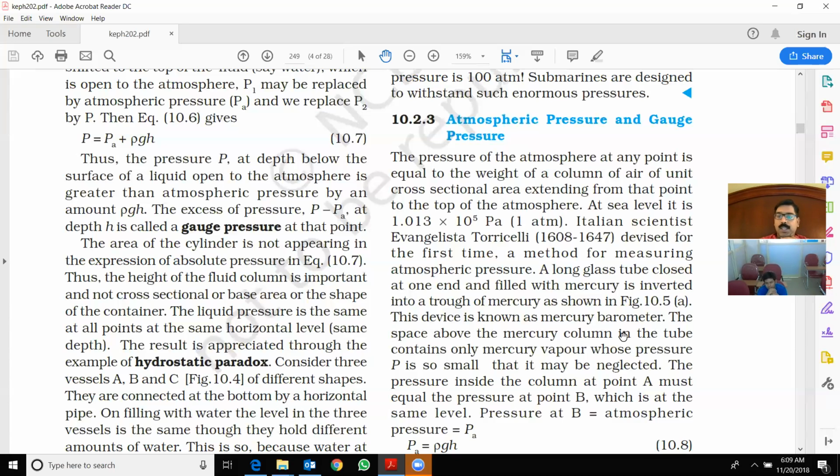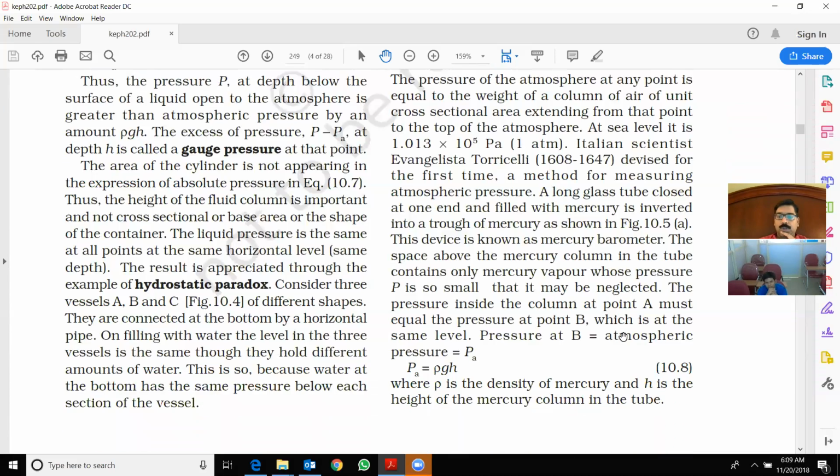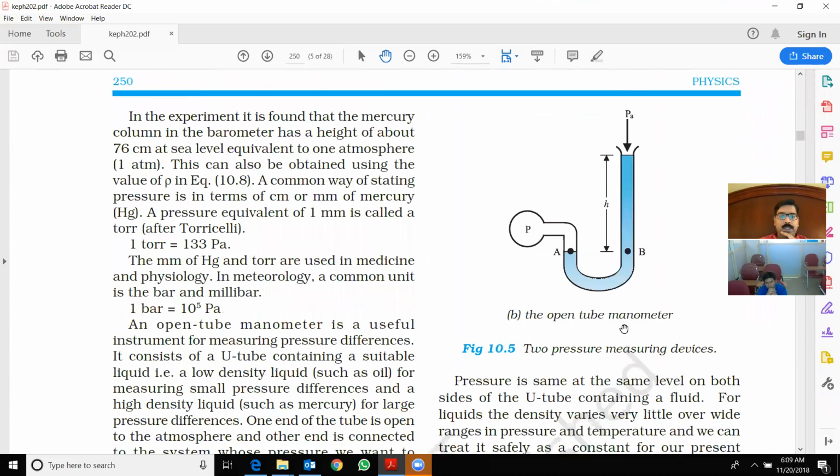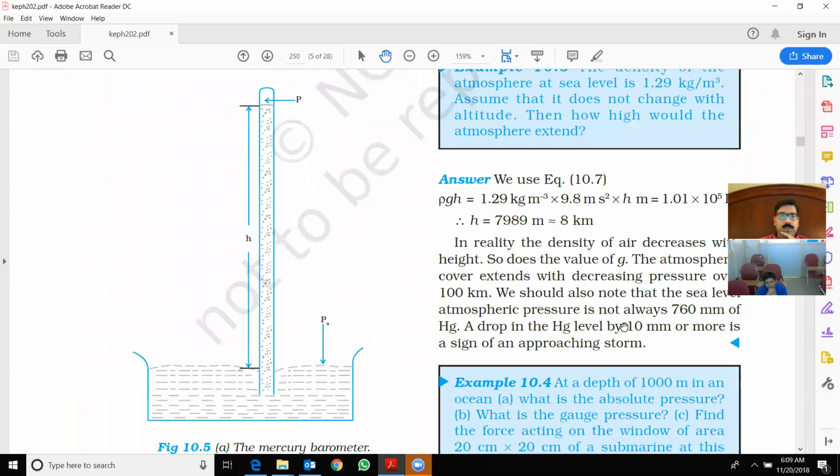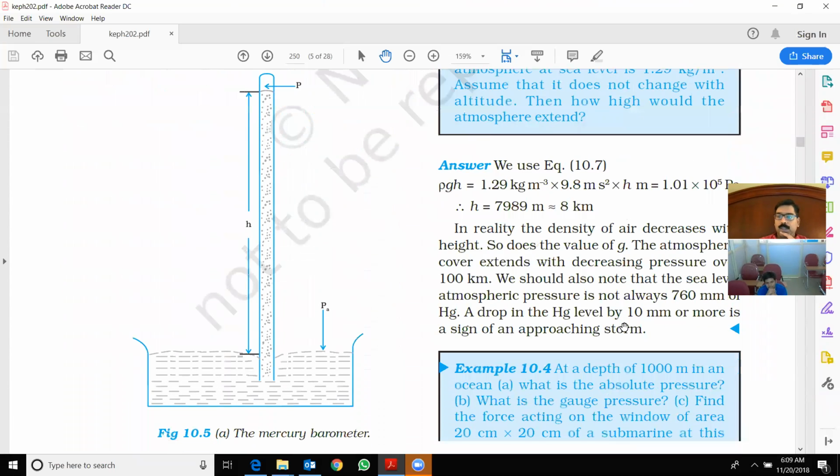You have seen this apparatus in your previous class as well. So here is the apparatus, this one. You have seen this in class 8, I believe, where you were learning about pressure.